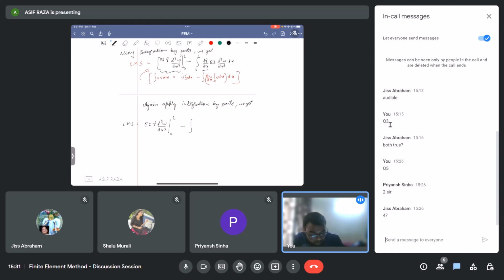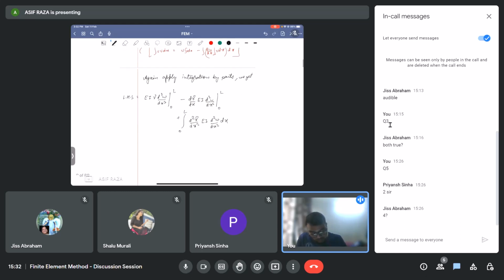So this is my first term, this is my second term. So you take the first term as it is and apply the integration over the second term. This will be my boundary condition, and the fourth integration term would be integral of d square gamma by dx square EI d2w by dx square dx. So this is what we'll get in the LHS.